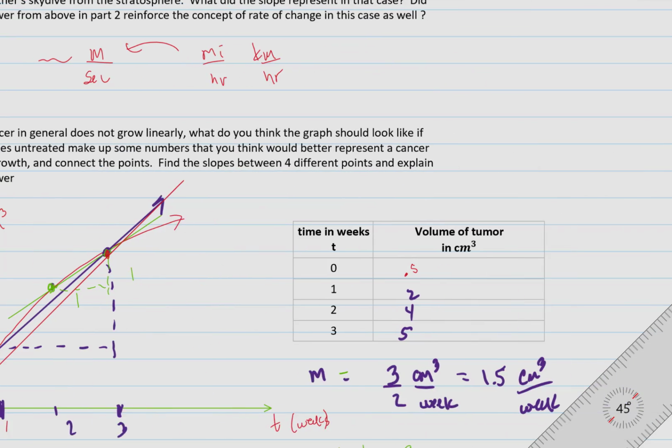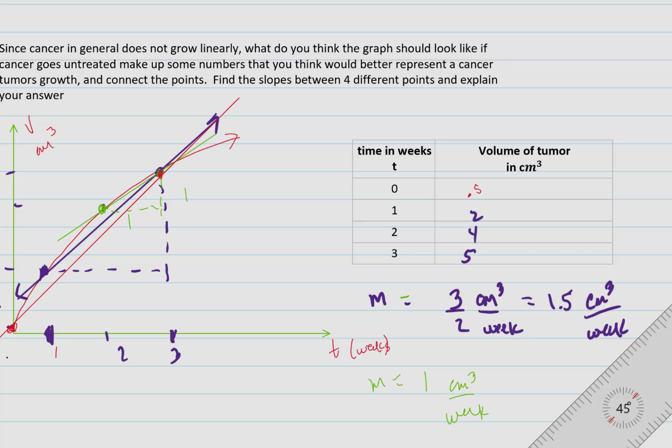Your rise now goes all the way from there to there, which is 5 minus 0.5, that's 4.5. And the run would be 3 minus 0, because we're at 0 right there, so that's going to be 3.